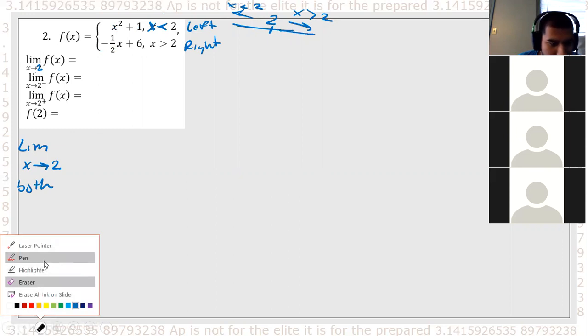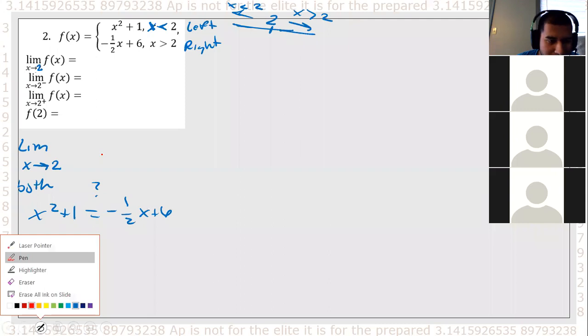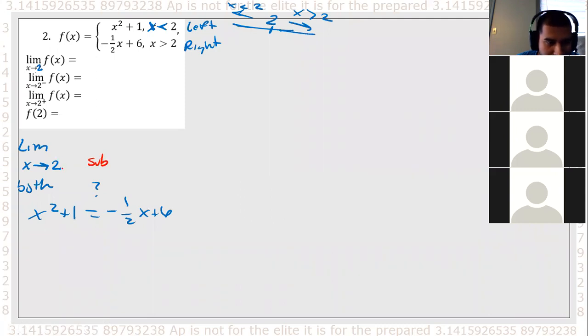So we're asking 2x squared plus 1, is it equal to negative 1/2 x plus 6? I'm going to substitute x equals 2. So I get 2 squared plus 1 equals negative 1/2 times 2 plus 6.